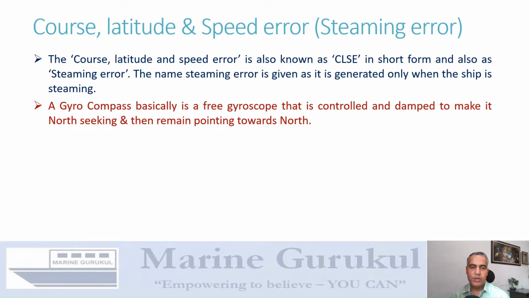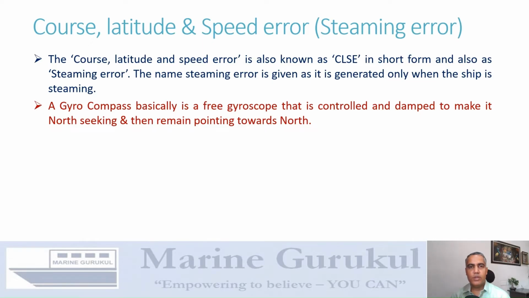But if we go a little deeper into the concept of the gyro compass, actually the gyro compass is sensing the direction in which it is being taken due to the rotation of the earth.